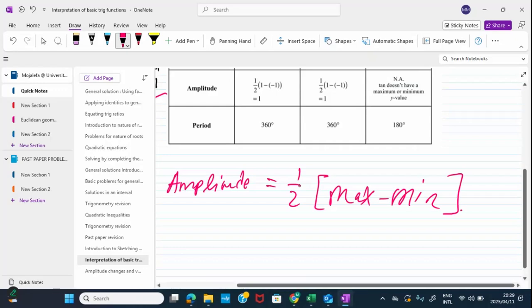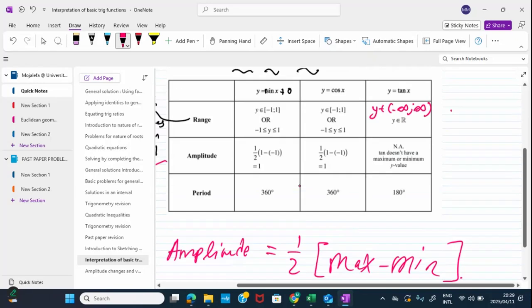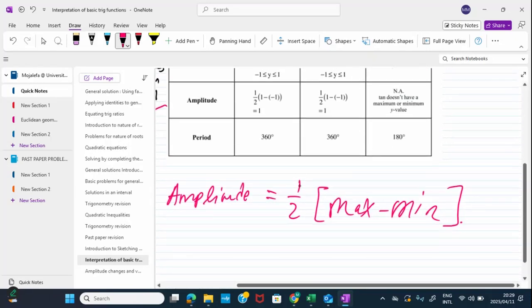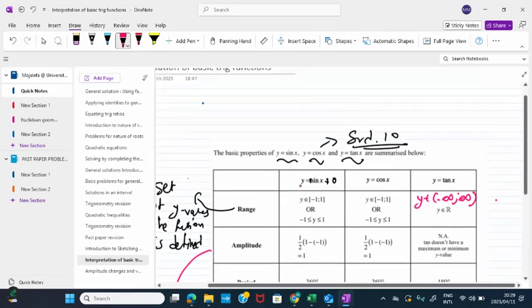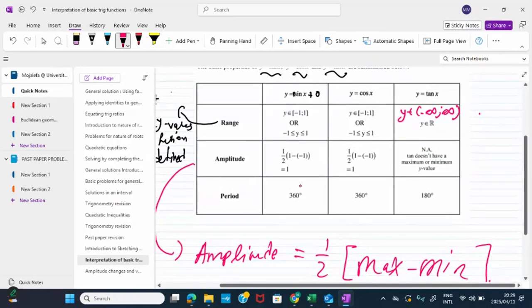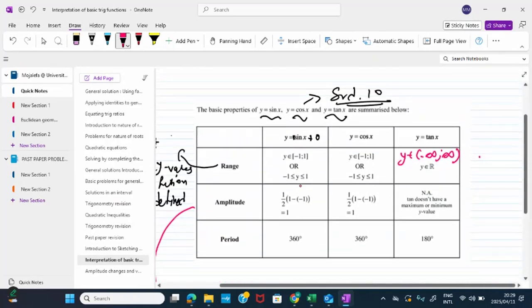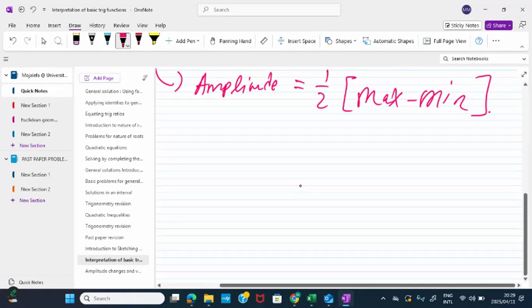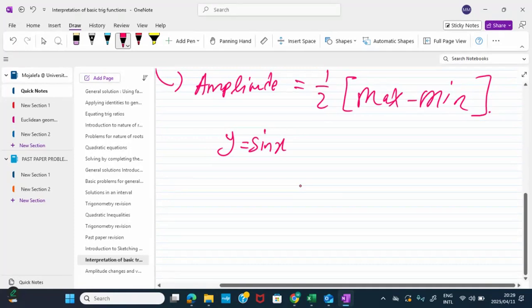That's what we mean by amplitude. So in case I want to calculate the amplitude for sine x, let's say I give you the graph y is equal to sine x and ask you to calculate the amplitude. What is the maximum of this graph, and what is the minimum?